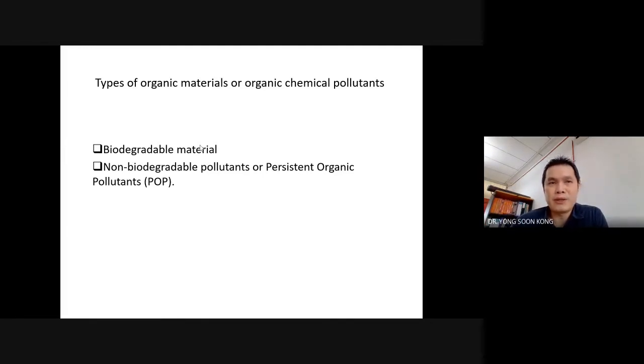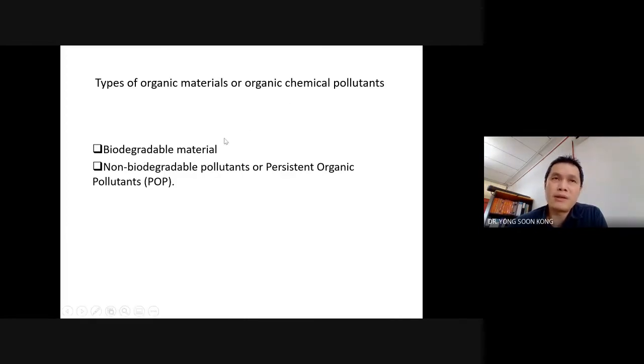Now, what we are going to learn today after this is the organic contaminants or organic pollutants. Those are the ones that will hurt the organisms in the soil. And they usually have a few characteristics that are very different from the soil organic matter. Number one, they are not biodegradable.